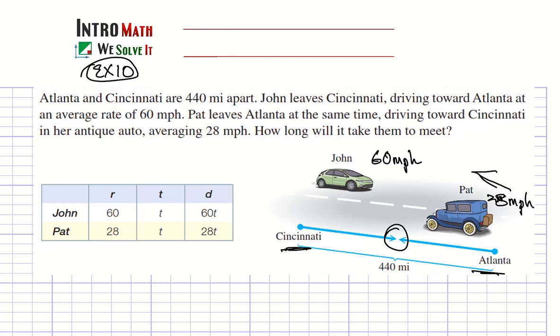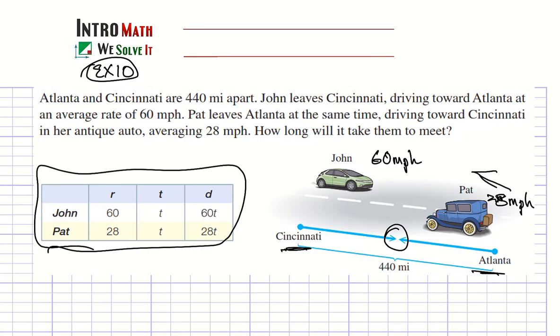They will meet somewhere, they will cross each other, right? They did the same thing we did before. For John, he is going 60 miles per hour, and we're looking for T, how long. And the distance is time times rate.